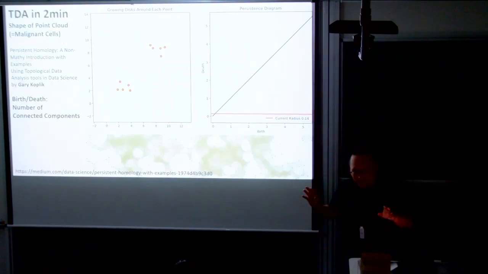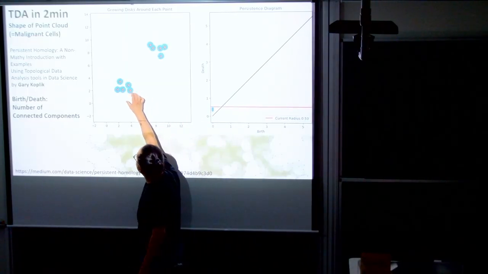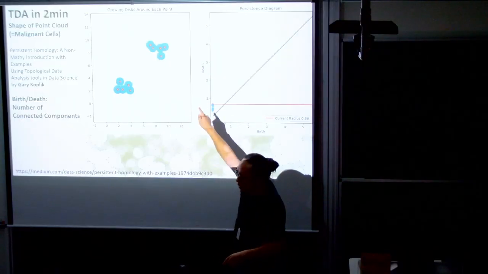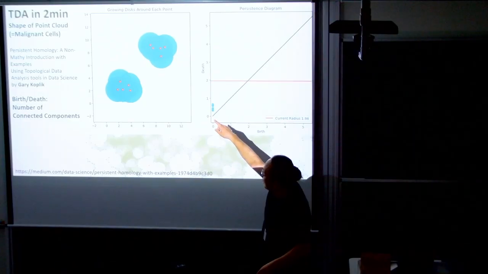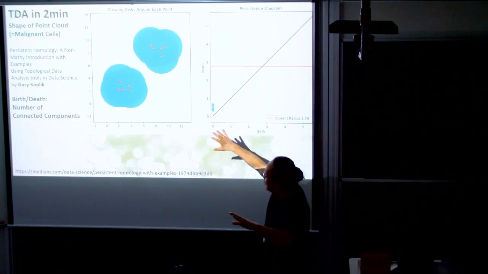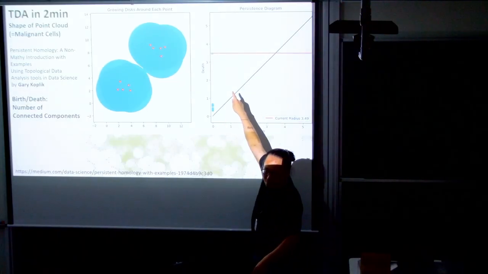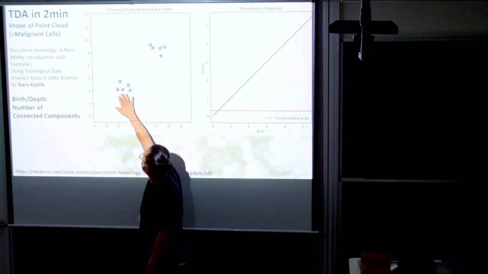So, TDA in 2 minutes. You grow the epsilon ball, it is increasing. At some point, you can see the 2 connected components of these blue things, and then this will disappear when the epsilon goes larger and larger. At that point, it has died, right? The several connected components started from here.